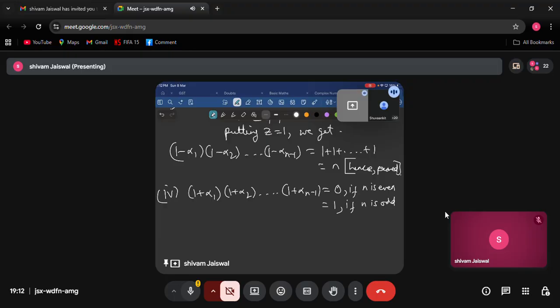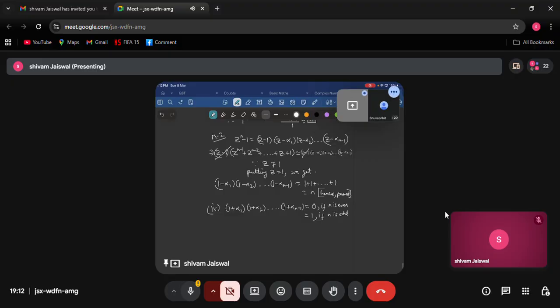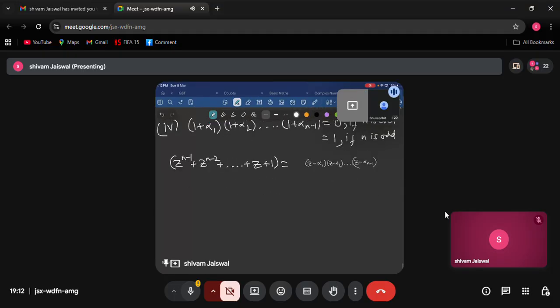So I am going to use the second method in order to prove this. So everyone, we know that alpha 1, alpha 2 up to alpha n minus 1 are the roots of this equation, right? Now you people tell me, in order to get (1 plus alpha 1) into (1 plus alpha 2) up to (1 plus alpha n minus 1), what shall we place in place of z? Minus 1, right? Are the people getting, those who are online?